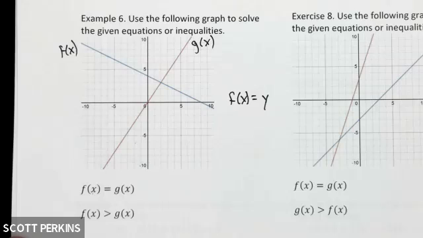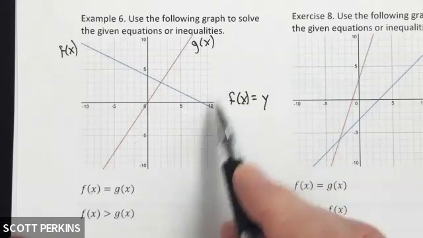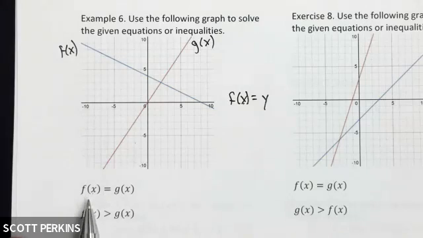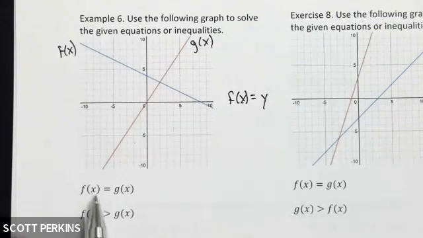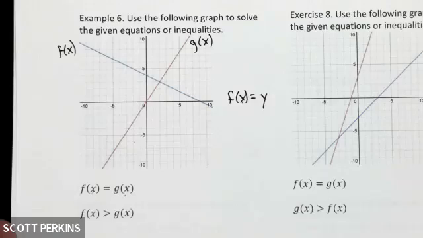So whatever x value I plug in, I'm coming up with this y value, this f of x. So what we're saying here is I want to know where the y value for f is equal to the y value for g. Now, physically, what's happening on the graph where their y values are equal?